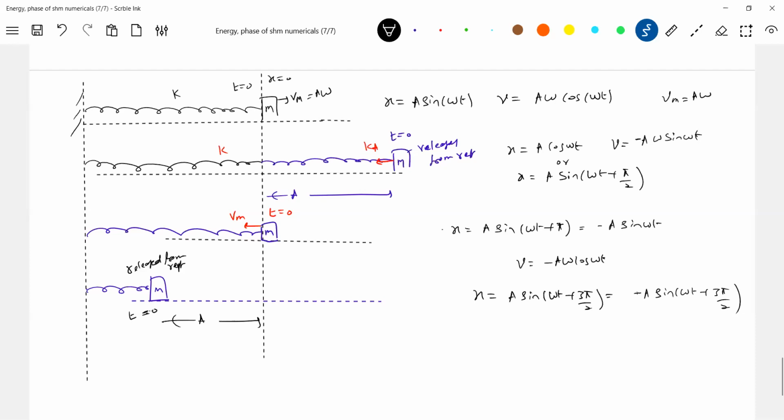Is it correct now? Or shall I write cos omega t? Why has the negative sign come? Anybody? Just help me with what is sine omega t plus 3 pi by 2?